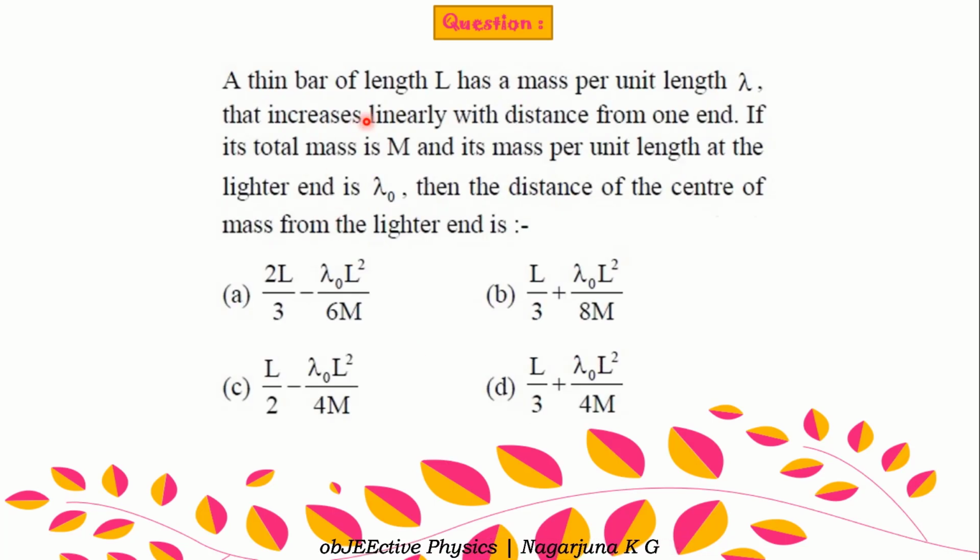Next question. A thin bar of length capital L has a mass per unit length lambda that increases linearly with distance from one end. If its total mass is capital M and its mass per unit length at the lighter end is lambda naught, then the distance of the center of mass from the lighter end is?